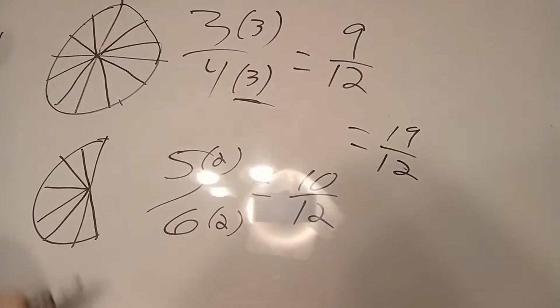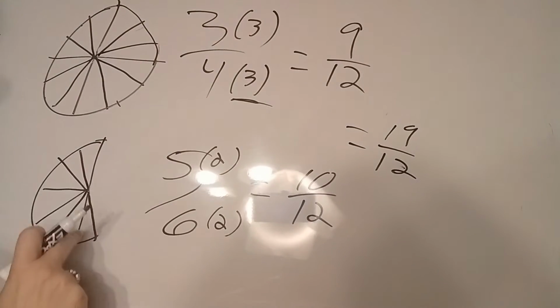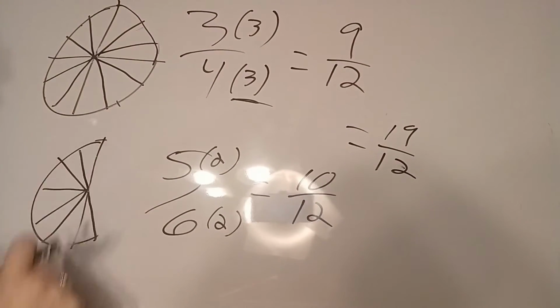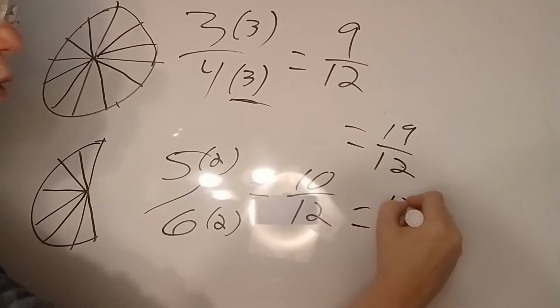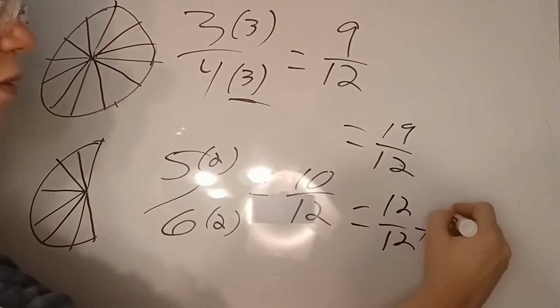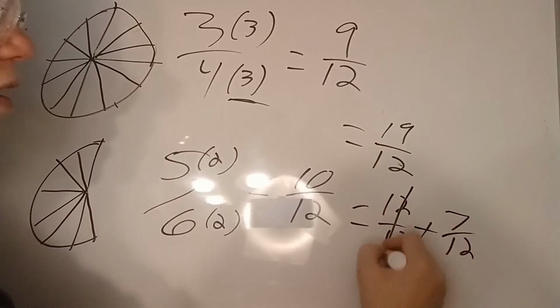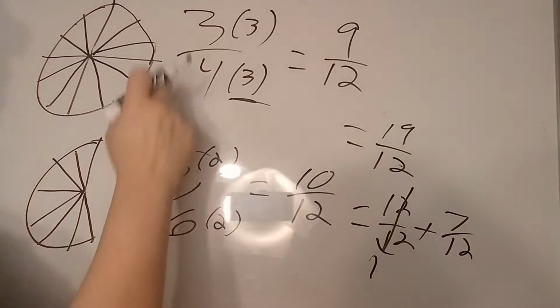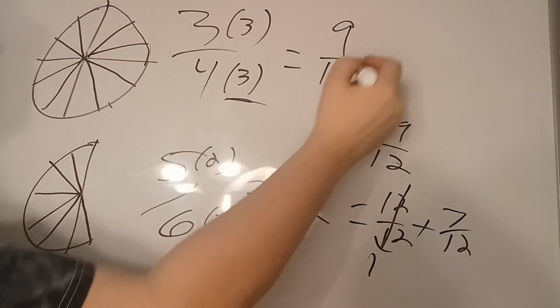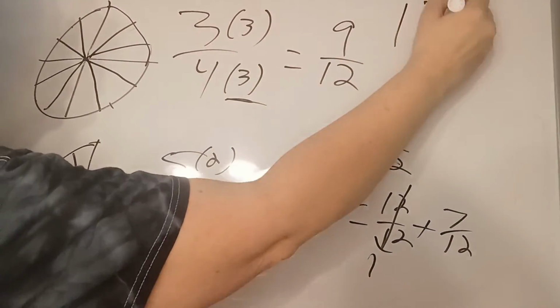That gives us 1 and 1, 2, 3, 4, 5, 6, 7 12ths. So we have 12 12ths plus 7 12ths, and this is 1. So when we add 3/4 and 5/6, we get 1 and 7/12.